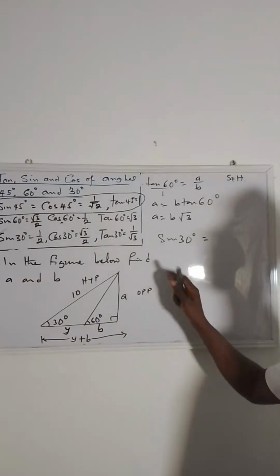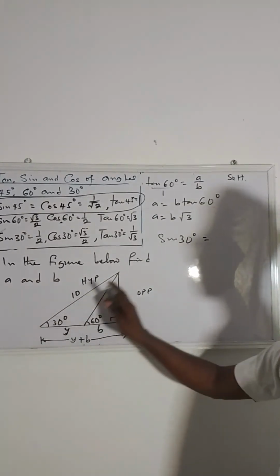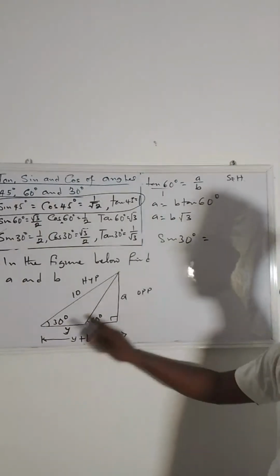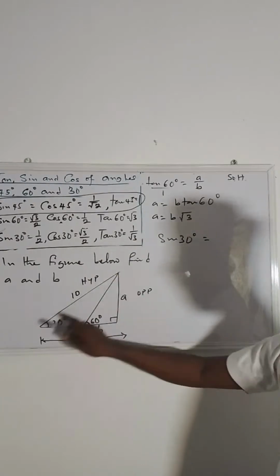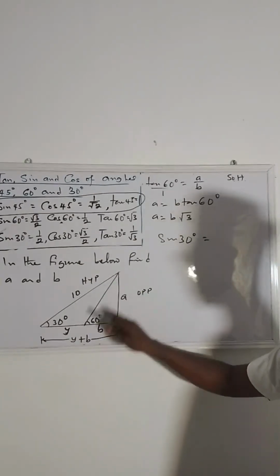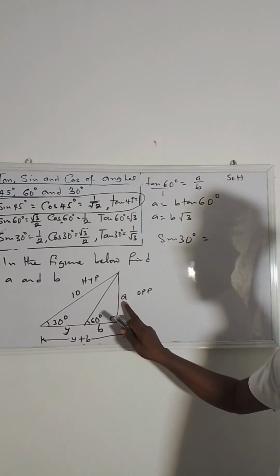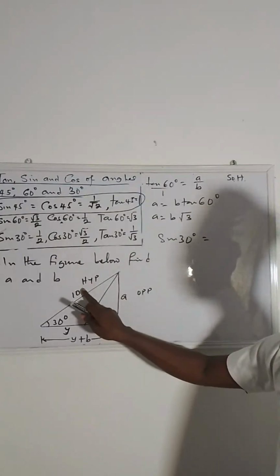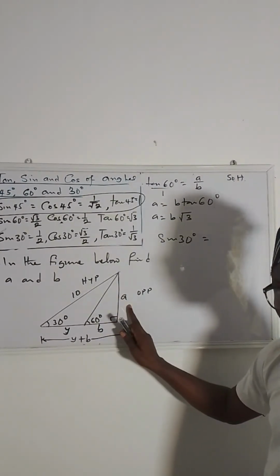Now let us look at the bigger right angle triangle. When you look at this bigger triangle, 30 degrees is the reference angle, not this one, so you just disregard this. So I'm considering the opposite and the hypotenuse, a known side and an unknown side.